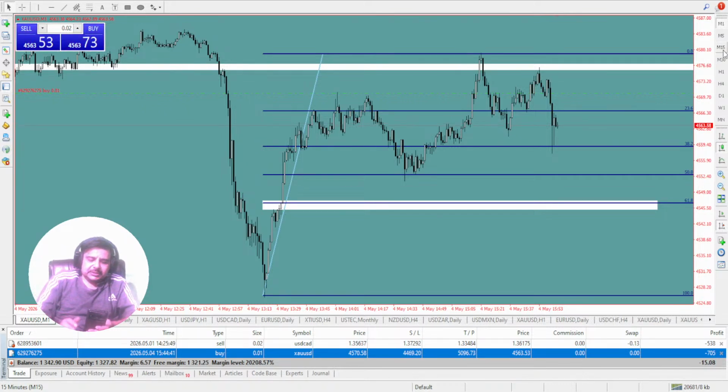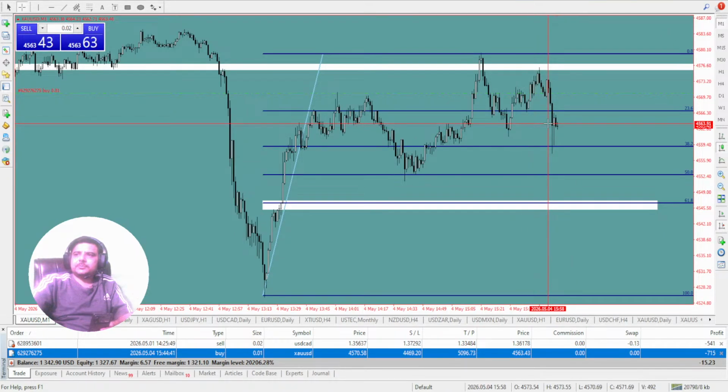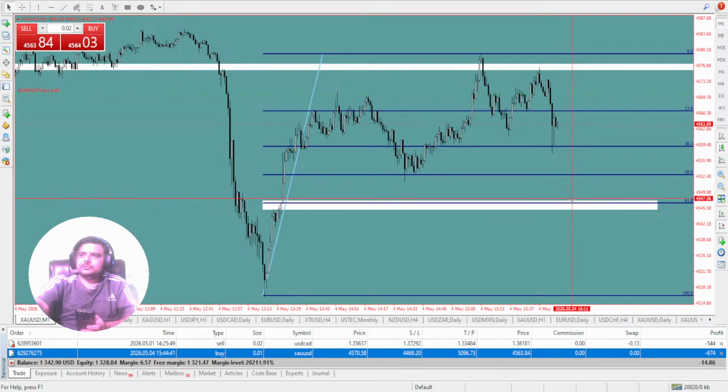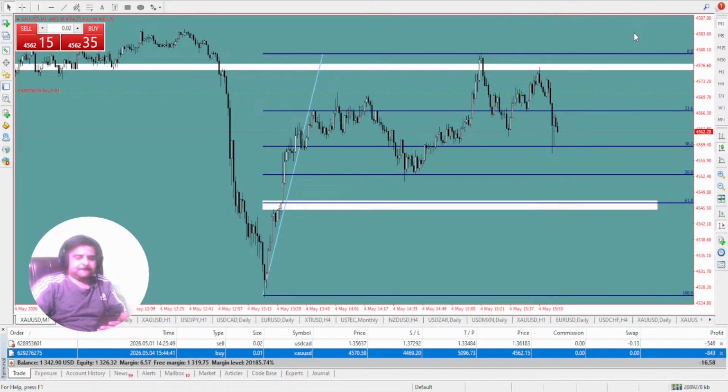Let's see, we will be catching that as well. Let's wait a little bit for it, okay. No selling I'm going to do from right here. I'm just holding this opinion for now. It should drop till here, then from here I will be scalping buy.